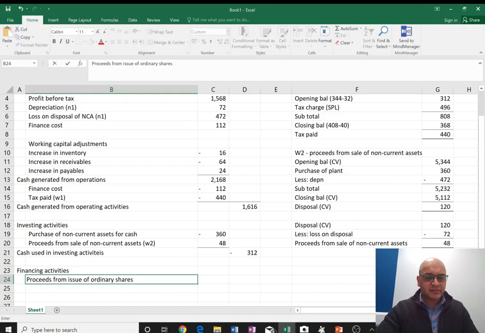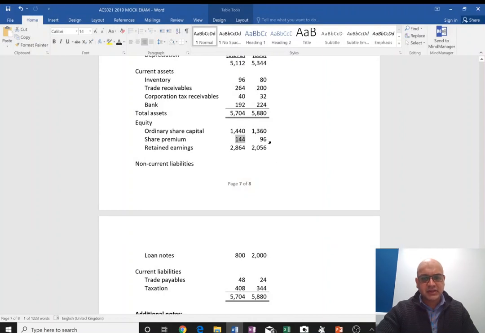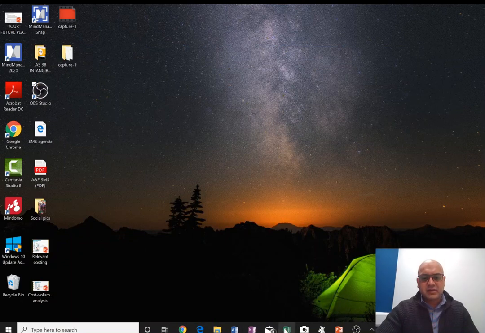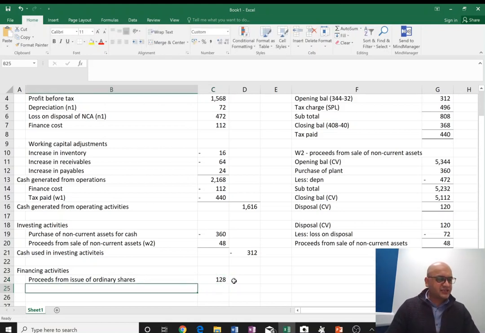So proceeds from issue of ordinary shares: if I add up the opening balances of ordinary share capital and share premium, add up the closing balances, and take the difference, I find 128. So that's the cash received.